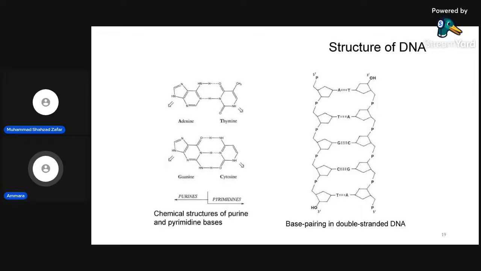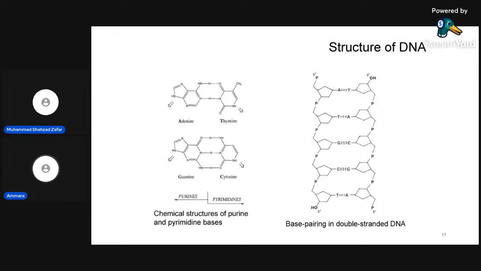And guanine will always pair with cytosine, and cytosine will always pair with guanine. Two hydrogen bonds are involved between adenine and thymine, and three hydrogen bonds are involved between guanine and cytosine.